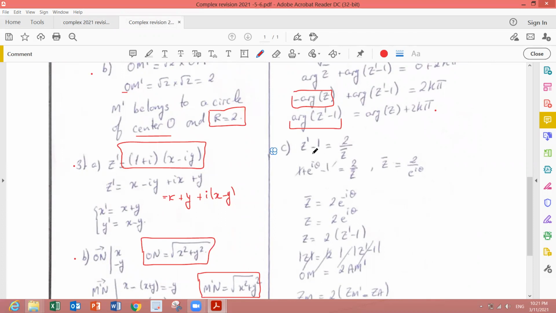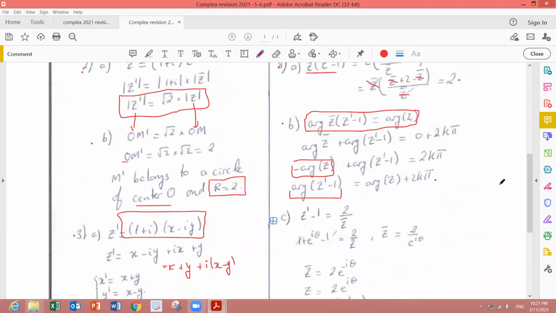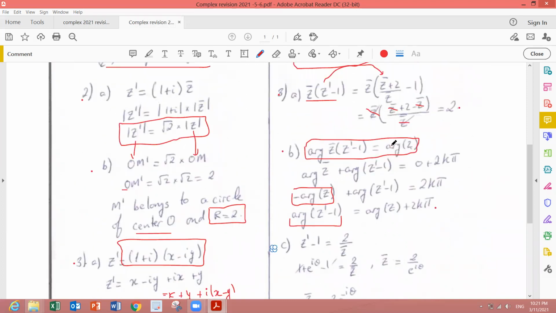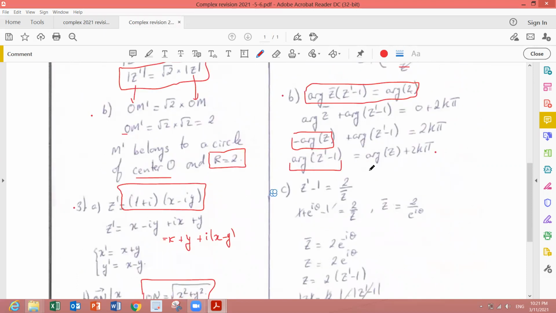I have the relation Z prime minus 1 equals 2 over Z bar.